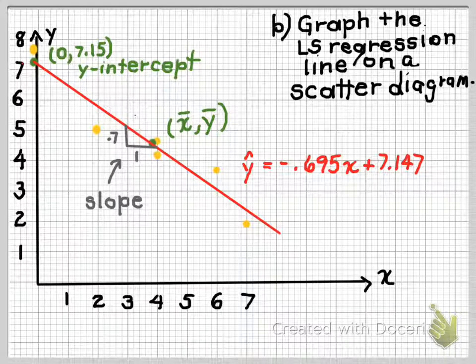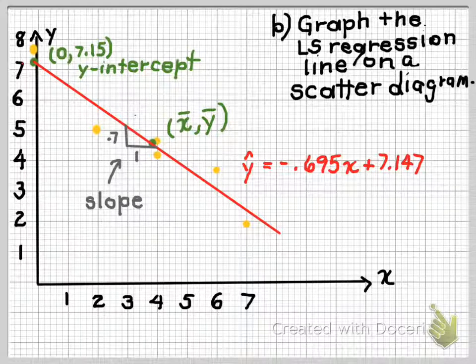And among other things, this line shows how responsive the response variable is to changes in the explanatory variable. So the stronger the correlation between the two variables, the more responsive changes of y values will be in response to the changes in x values.